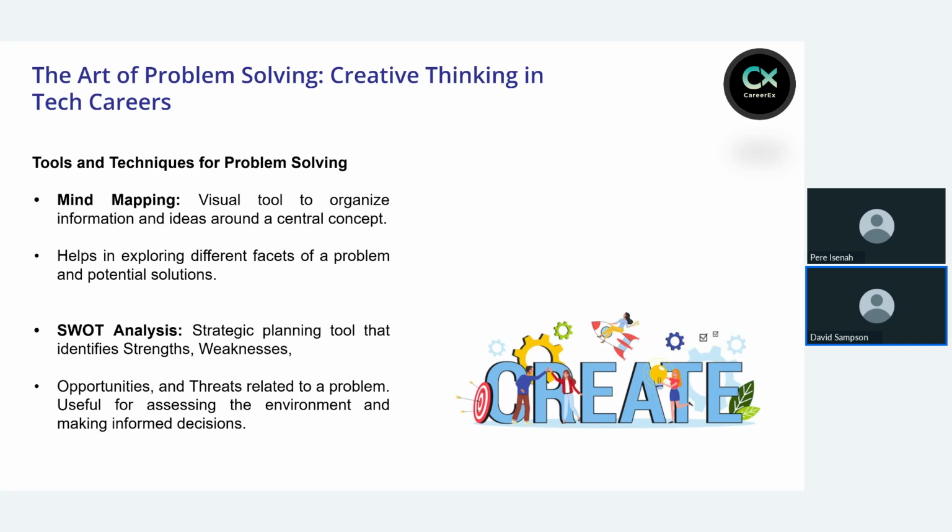The second technique you can use is SWOT analysis. SWOT stands for strengths, weaknesses, opportunities, and threats. It is a strategic tool that can help you in assessing factors relating to a problem.